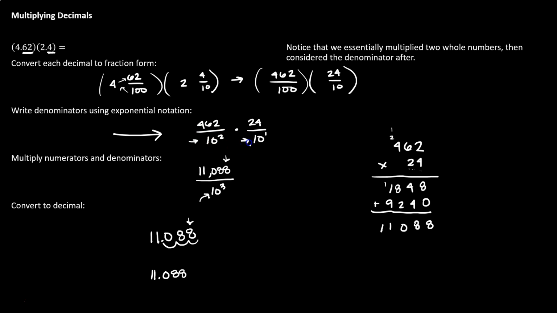And the 1 digit to the right of the decimal is denoted with 10 to the first power. When we multiplied those together, we found that there is 10 cubed, which suggests we need to have 3 digits to the right of the decimal in our final answer. So we start all the way at the right and we move in 3. So we get the same answer.